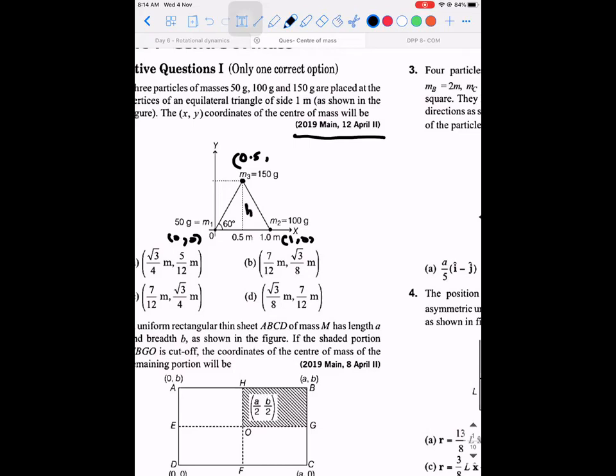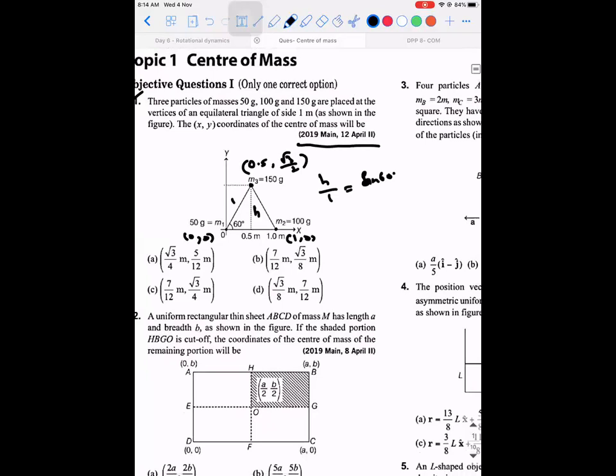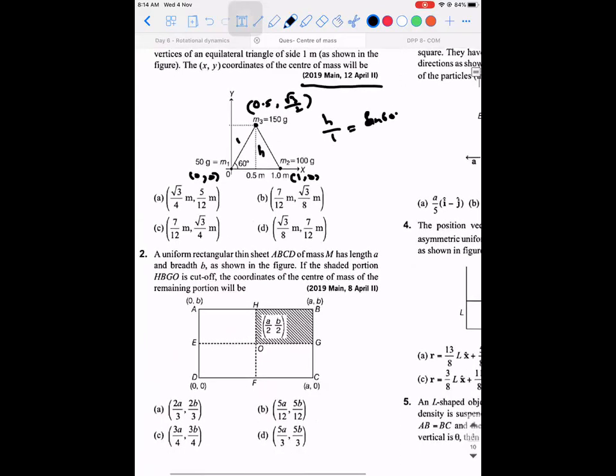If I take this as h, then h divided by 1 is how much? Sine 60. So this will be root 3 by 2. So you have three values. You can find the center of mass. So tell me whether the logic is clear. Solving part, you do it later. Let's not waste time. Yes, sir. So it's a very simple problem, right? Next.